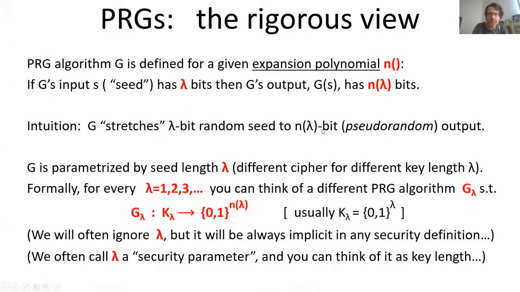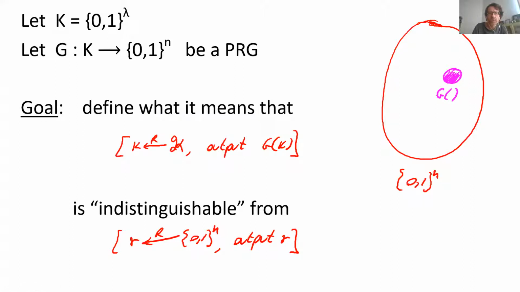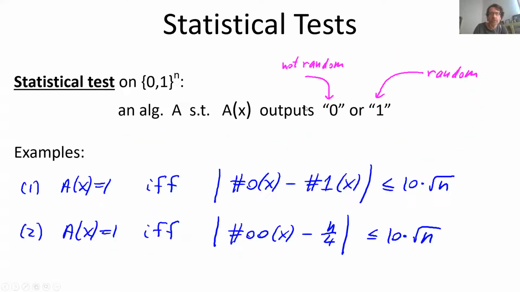And what are the properties that we need? We want outputs of a PRG to be indistinguishable from random strings. We talked about different ways that you can think of distinguishing random strings from strings that came from some other distributions. Such distinguishers are called statistical tests.